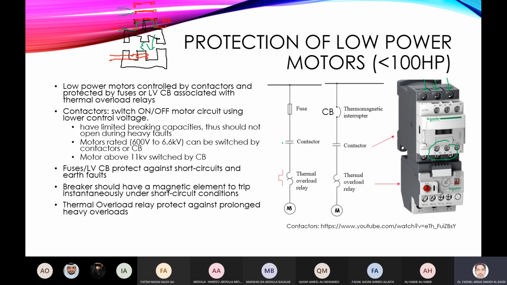This contactor can be used for 600 volt to 6.6 kV motors. But normally for motors at higher voltage like 11 kV, we use a circuit breaker, not contactors, for switching.